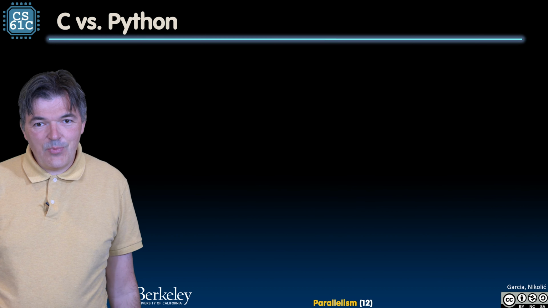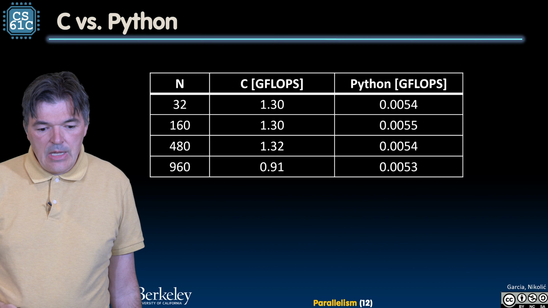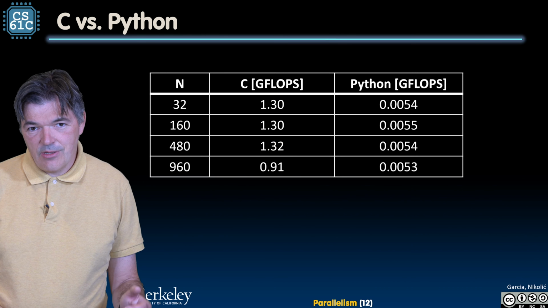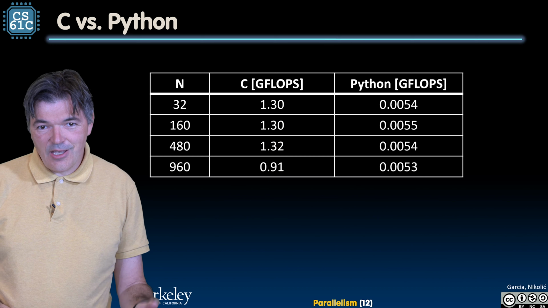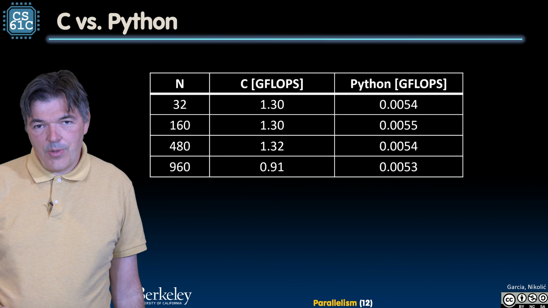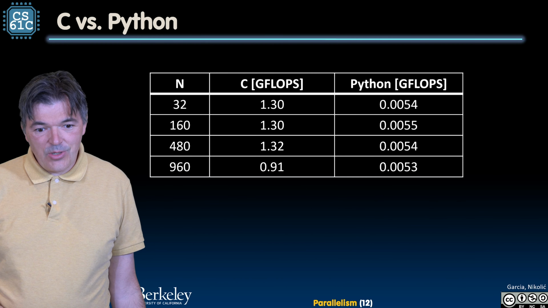So if we repeat that and compare it to Python, this is what we get. The numbers here of how many flops we get are actually in gigaflops, not megaflops, so in billions of floating point operations per second, compared to the megaflops that we have seen with Python.